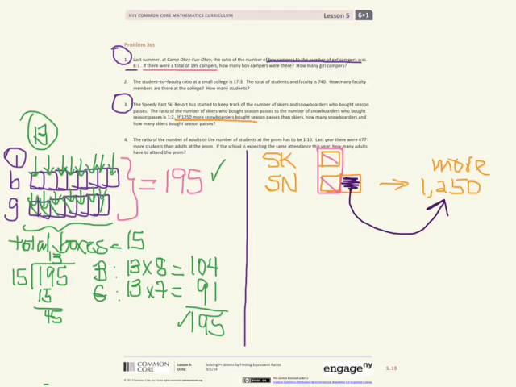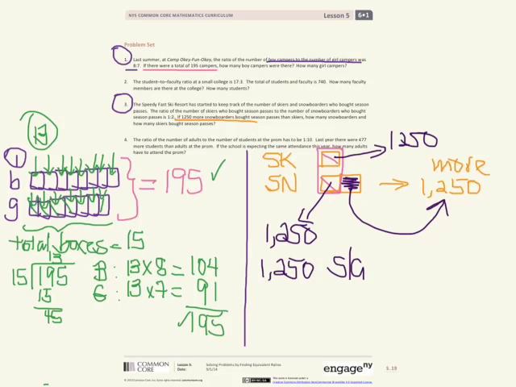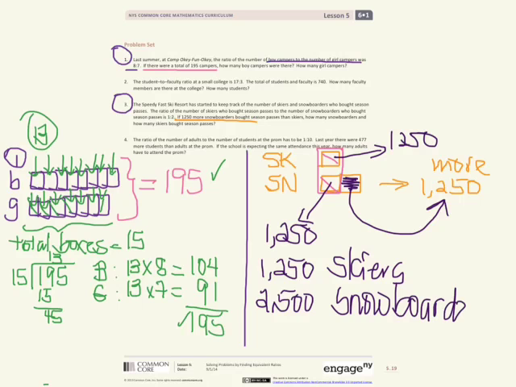So the rest of the boxes, this box is 1,250, and this box is 1,250. And now I can figure out how many snowboarders and skiers bought season passes. There were 1,250 skiers, and there were 2,500 snowboarders who bought season passes this year.